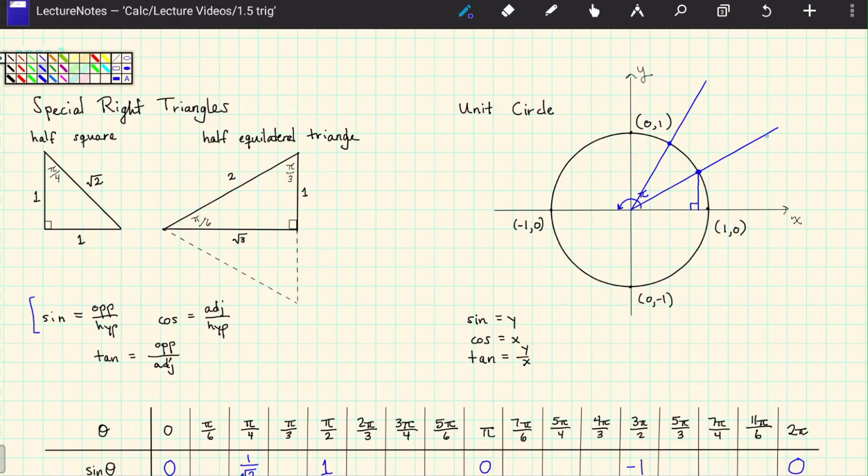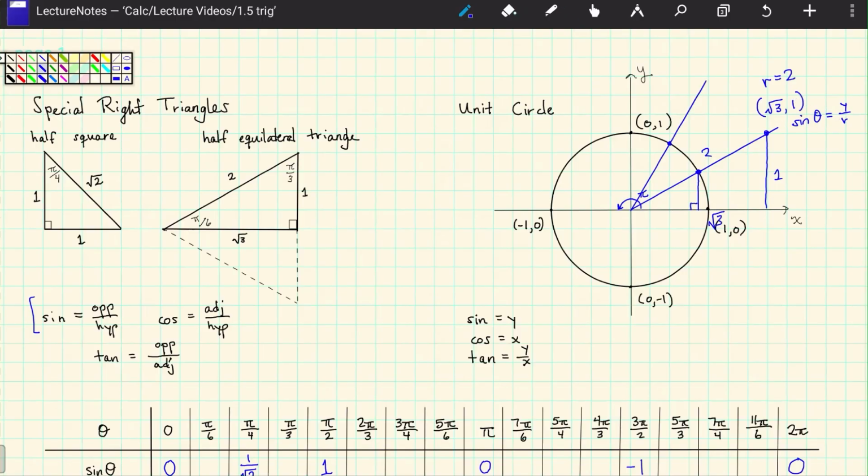I just get the angle and drop aside, and here is length 1, 2, and square root of 3. Here the x coordinate is square root of 3, the y coordinate is 1, and r is 2. So in this case, sine of theta is the y coordinate divided by r, which would be 1/2.